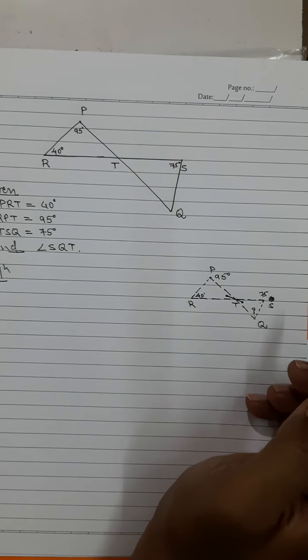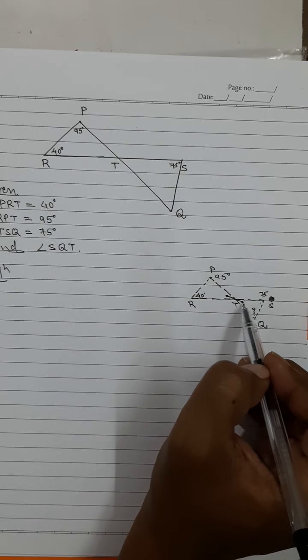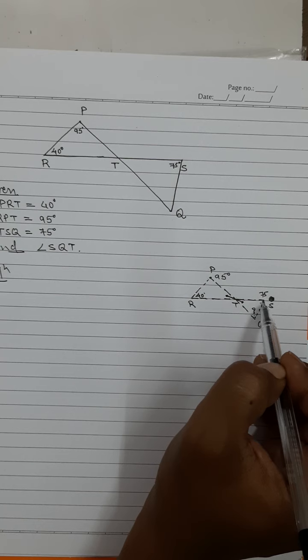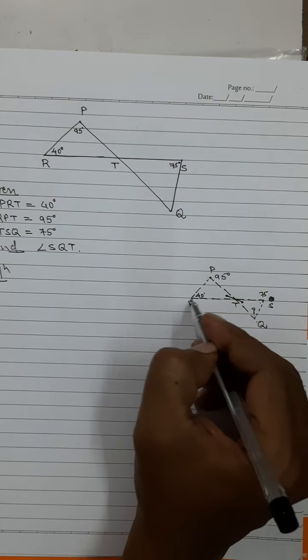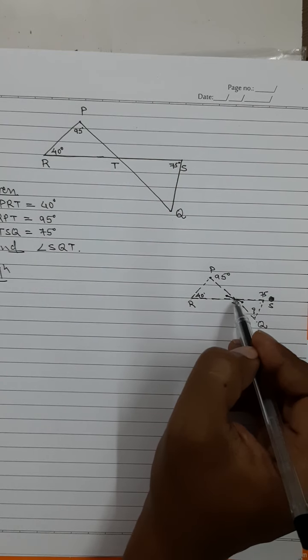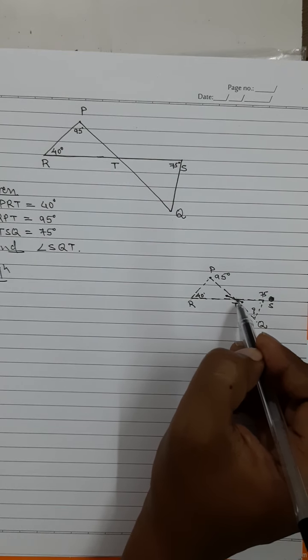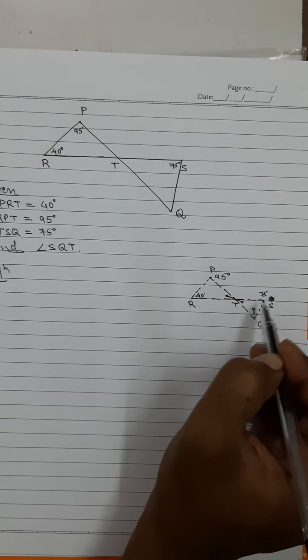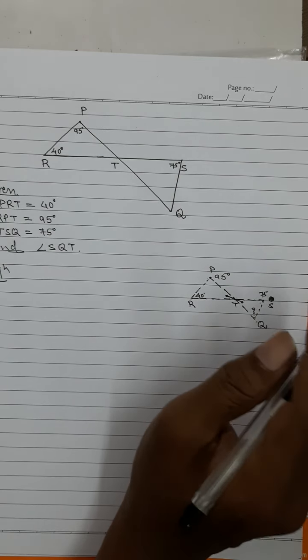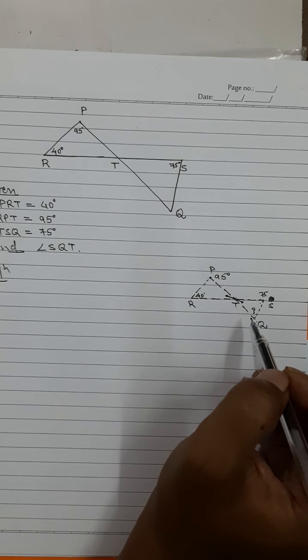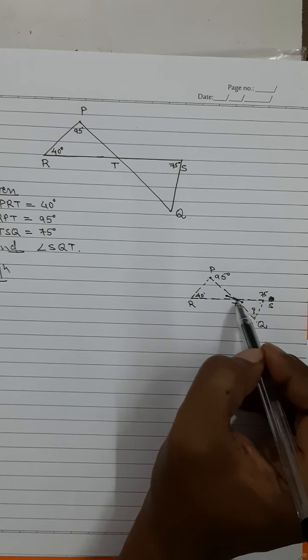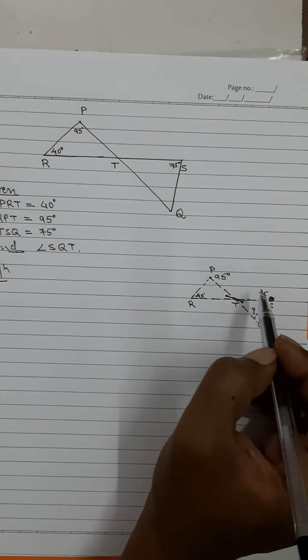Now here you have to beware, my students. You can't use the exterior angle theorem over here, because angle STQ is not an exterior angle of triangle PTR. ST is an extended side and TQ also is an extended side, so angle STQ is not an exterior angle. Of course, angle PTS definitely is.